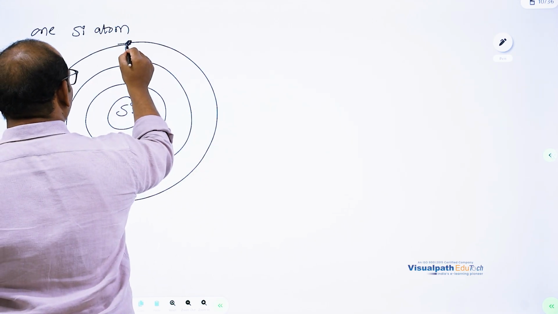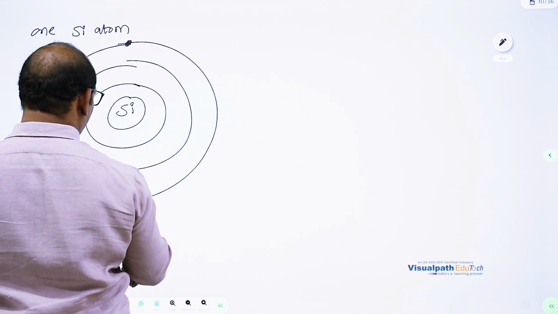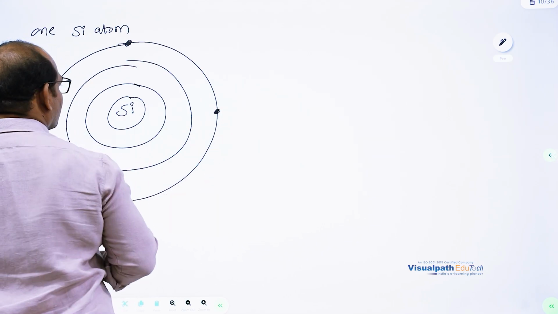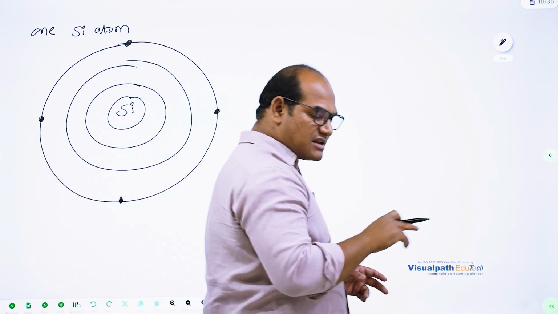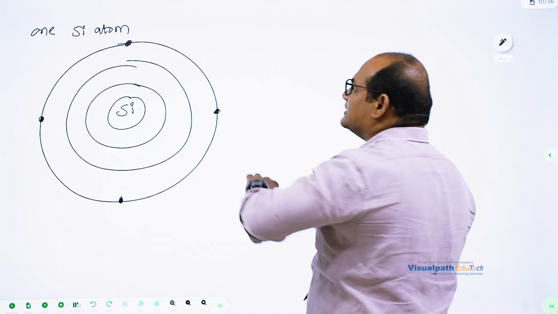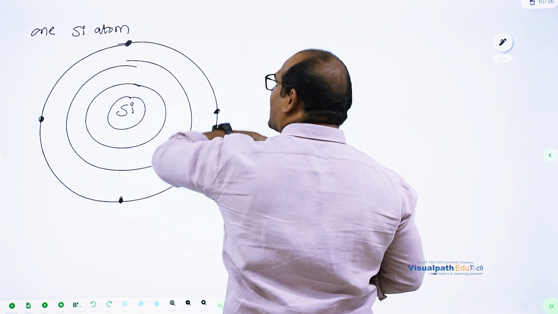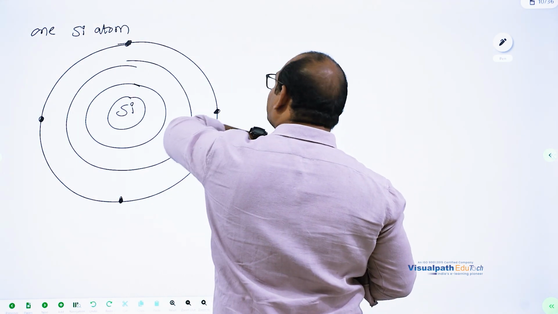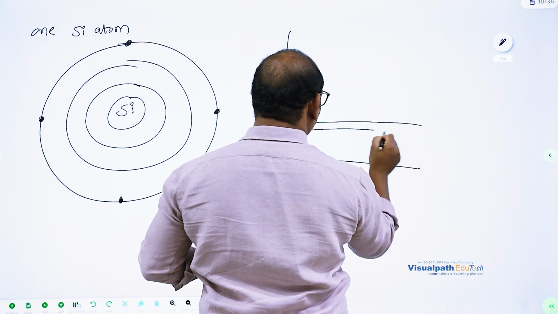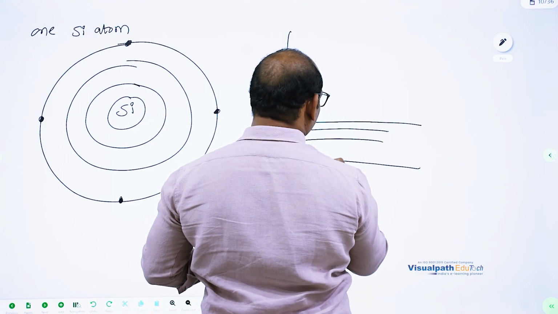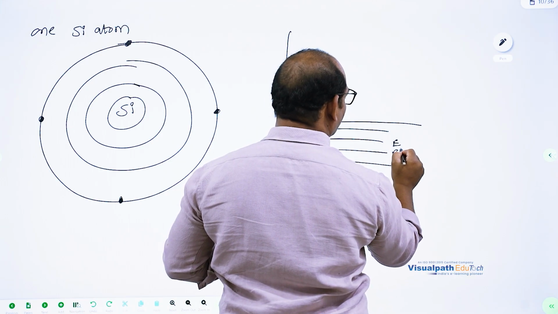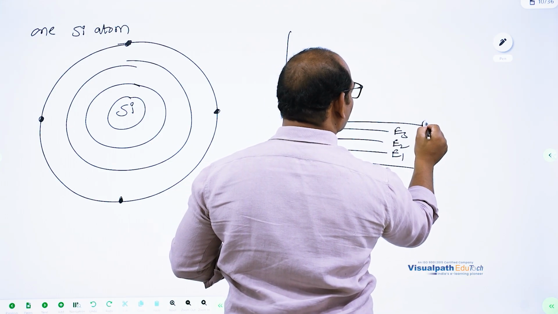We are interested only in the outermost orbit, so I am drawing the 4 electrons in the outermost orbit. So 4 electrons are revolving in the outermost orbit of the silicon. This is the valency orbit related to valency band. So 1, 2, 3, 4, like this I have taken, like E1, E2, E3, E4.